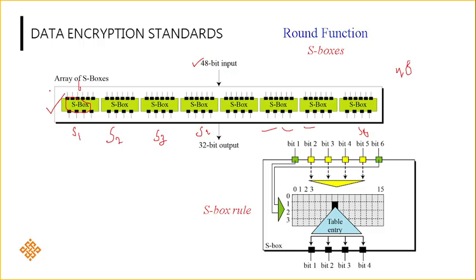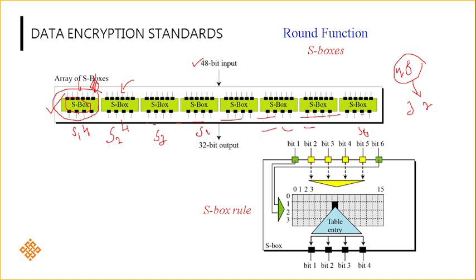How? Let's see one example. I will take the S1 box. As I already told you, it takes 6 bits as input and we are reducing it into 4 bits. The output is 4 bits. Like that, every box will take 6 bits as input and produce 4 bits as output. Totally we have 8 tables, 8 into 4, 32 bits. In this way, the 48 bits will be converted into 32 bits.